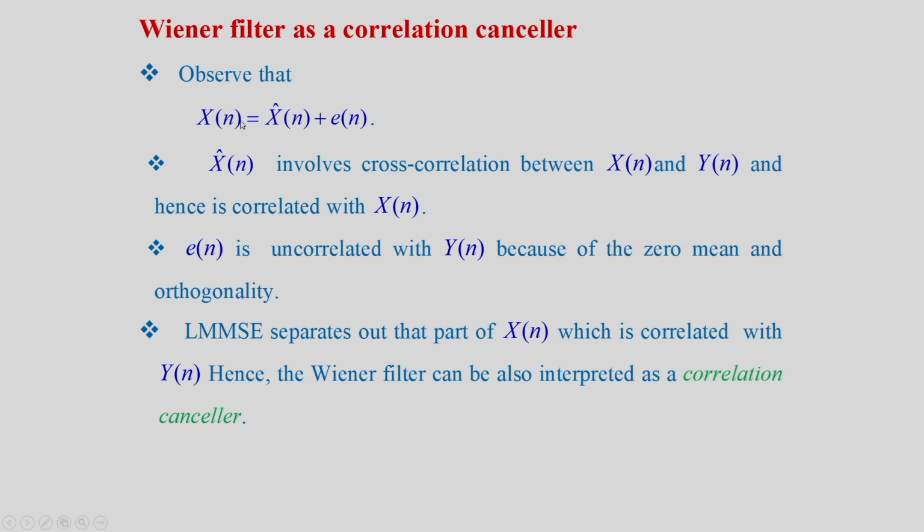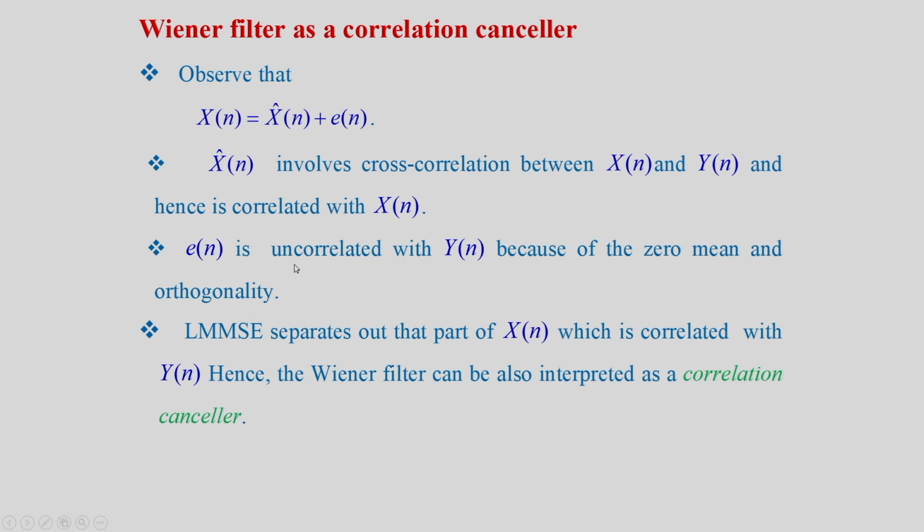Observe that x n, that is the unknown signal, is the estimated signal plus error: x hat n plus e n. Now, x hat n involves cross correlation between x n and y n, and hence x hat n will be correlated with y n. e n is uncorrelated with y n because of the 0 mean and orthogonality.